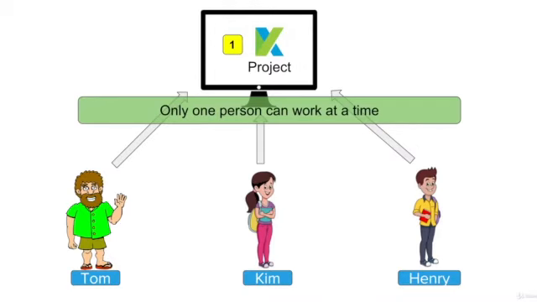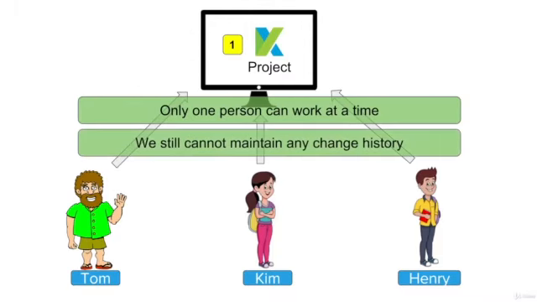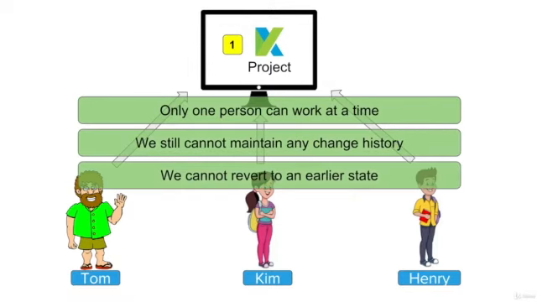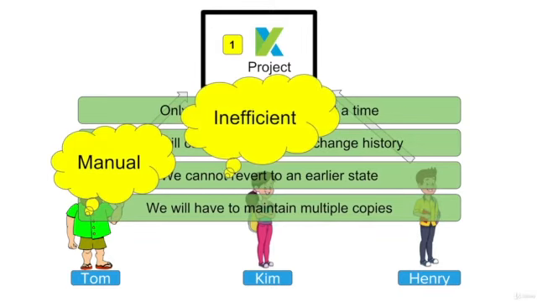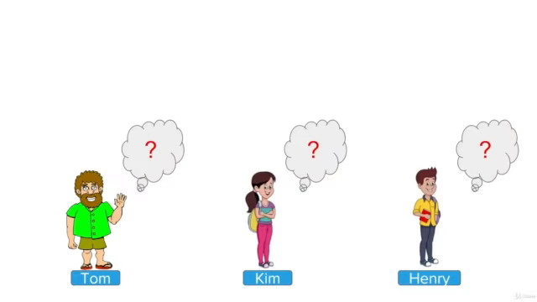Only one person can work at a time because we are now working on a single copy of the project. We are still not able to maintain any change history. We cannot revert to any earlier state of the project, and we have to maintain multiple copies per change of the project. So again, this approach is manual, inefficient, and time consuming.